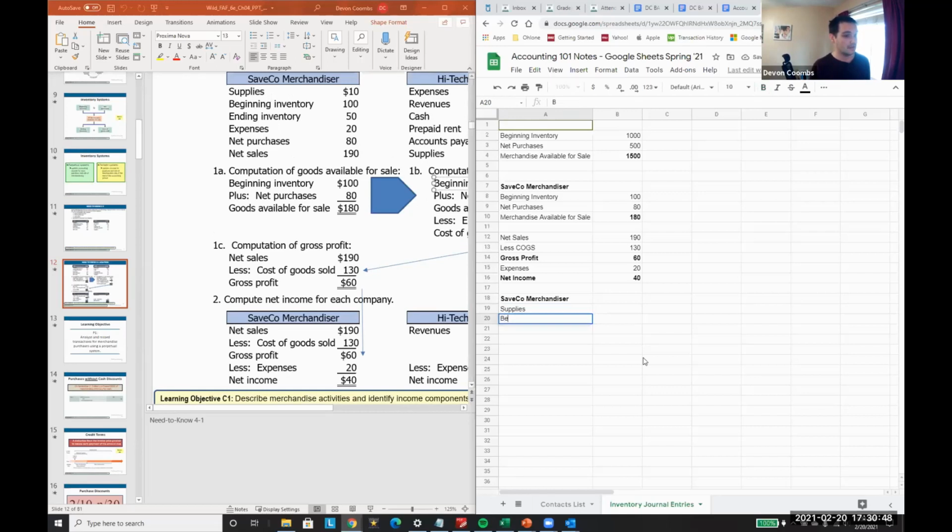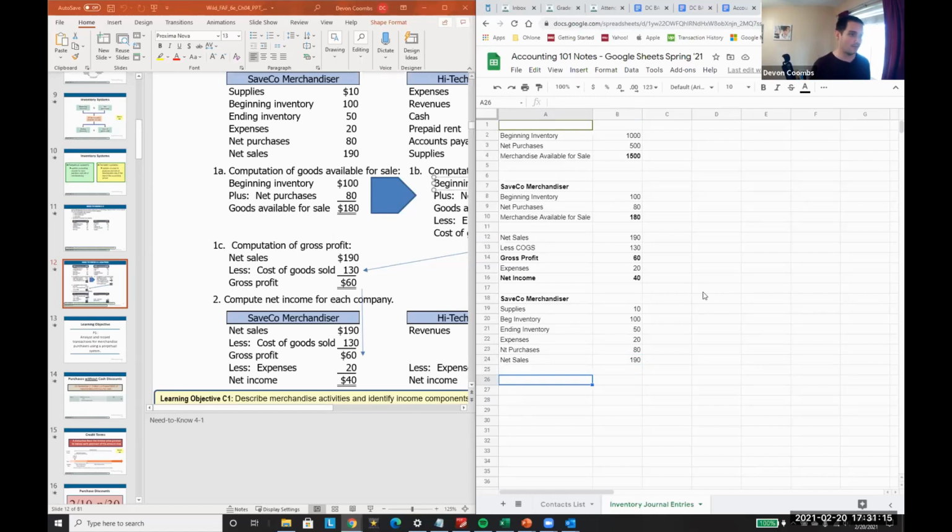Supplies, beginning inventory, ending inventory, expenses, net purchases, and net sales. We just copy over the information. 10, 100, 50, 20, 80, 190. Then we can just make calculations based off of this information.